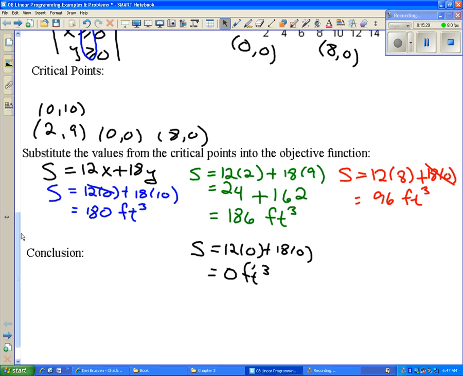So what's my conclusion? Well, if you look at what's in green, I have a maximum storage capacity of 186 feet cubed.